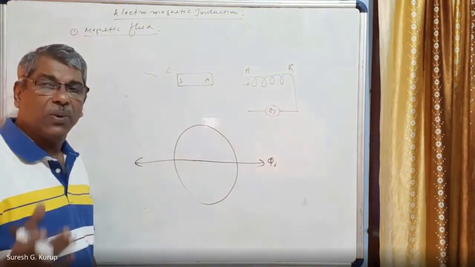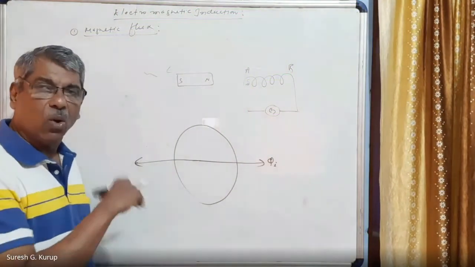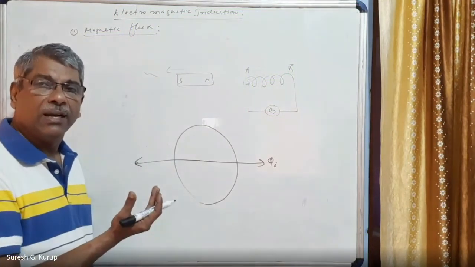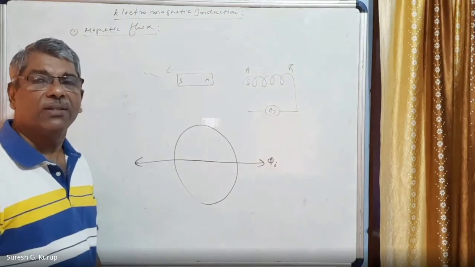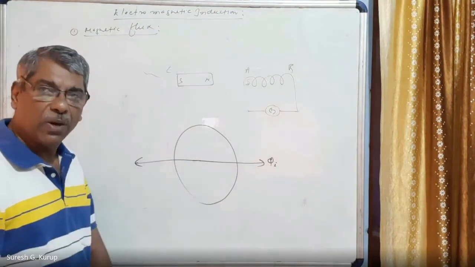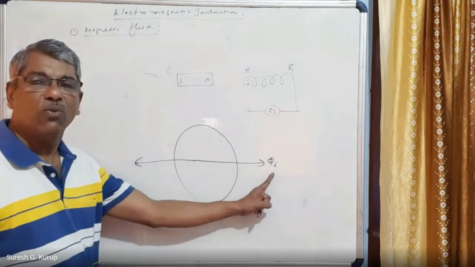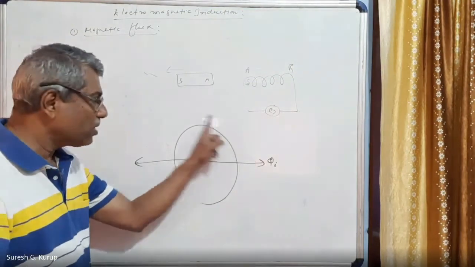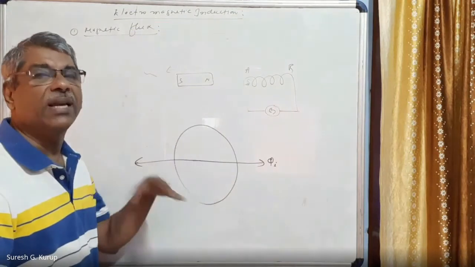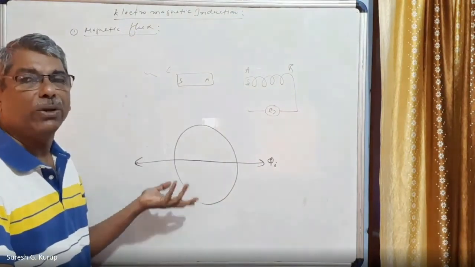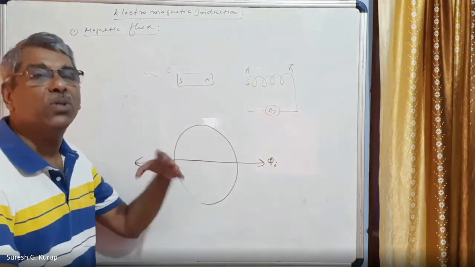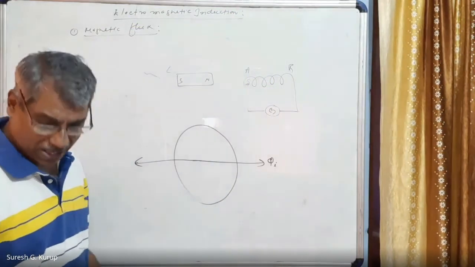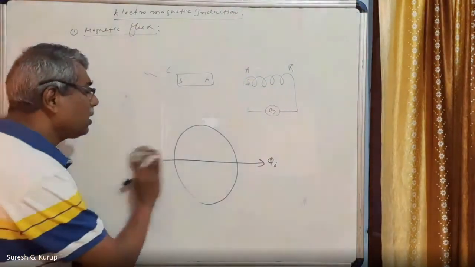So when the flux through a coil through one face is increasing, a counter flux is developed within it. The induced flux will be in the opposite direction, because the flux through this coil is increasing. Therefore, according to Lenz's law, an opposing flux must be created linked with the coil. Am I correct? So these are the conditions.